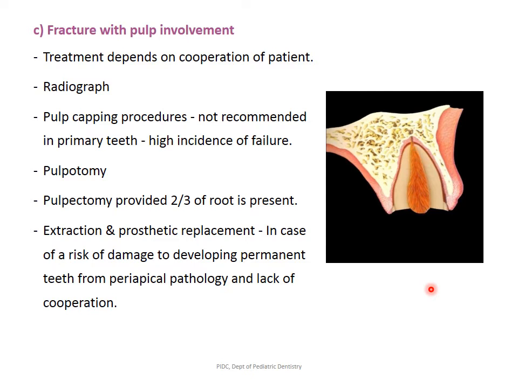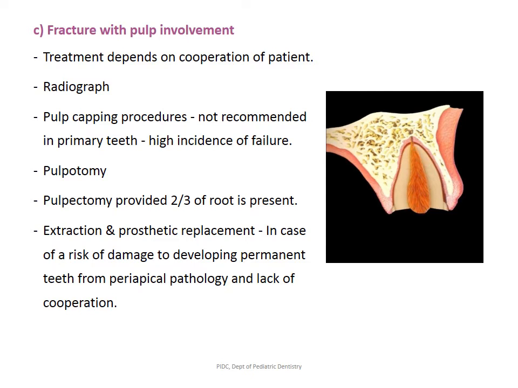If there is no radicular involvement, pulp capping is not indicated in primary teeth because there is a high incidence of failure. So the next treatment that can be done is pulpotomy or pulpectomy.